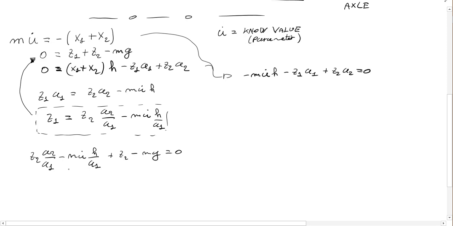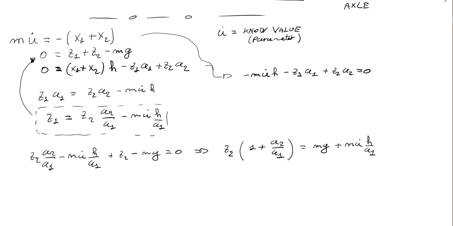And this will mean, okay, from this equation we can obtain zeta 2. 1 plus a2 a1, okay, will be equal to mg plus mu dot h a1.